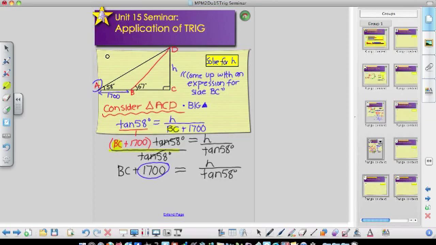It hasn't been multiplied, it's been added. So what is the opposite of adding? Subtracting. So BC is equal to H over tan 58 degrees minus 1700. That's my first expression for BC, and this is in terms of the big triangle. That looks complicated, but when you do a couple of examples like this, it's going to be pretty straightforward what your steps are.